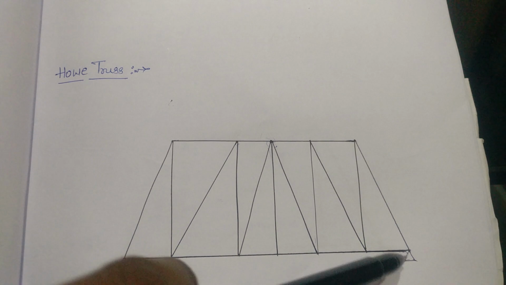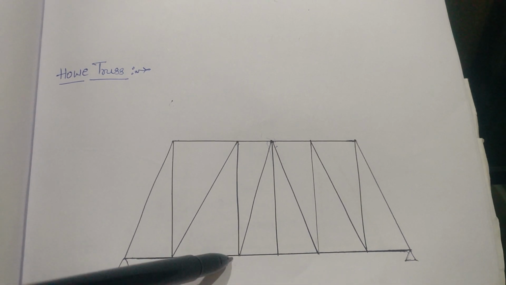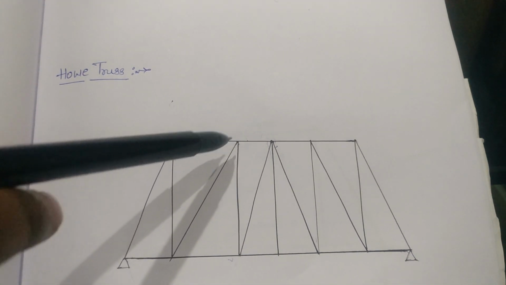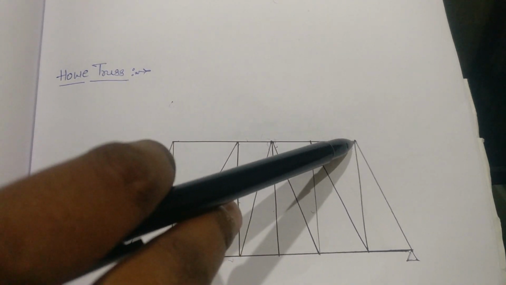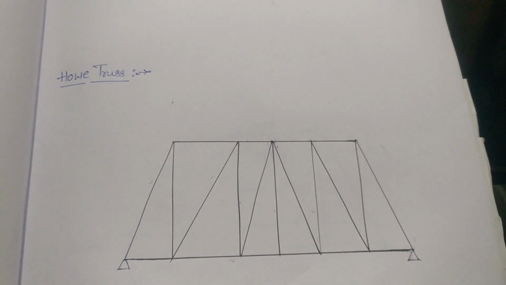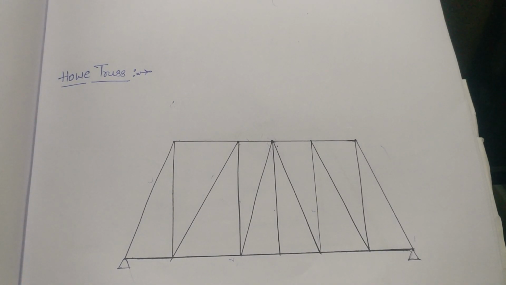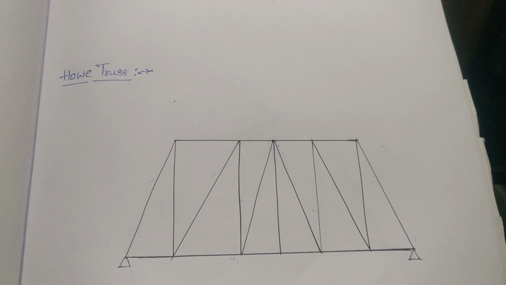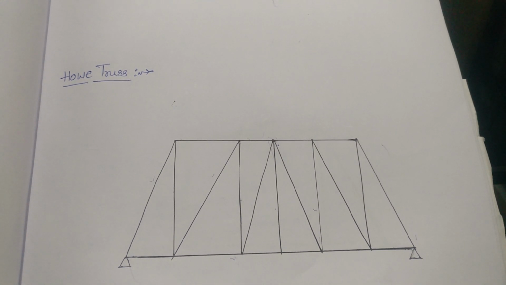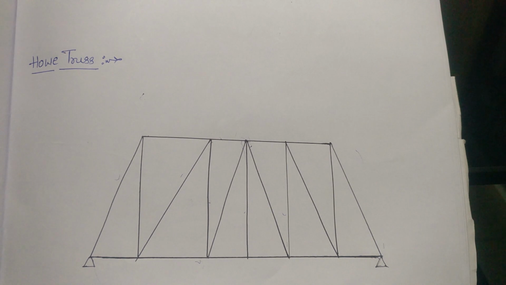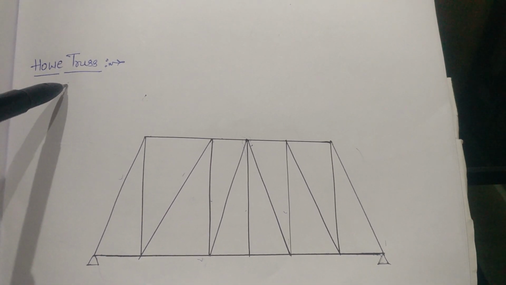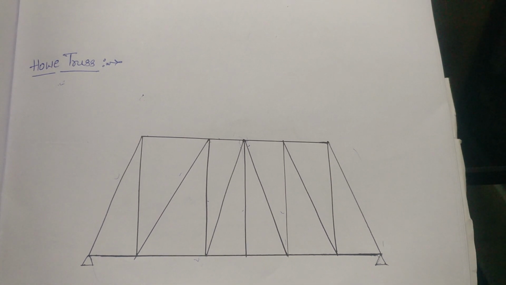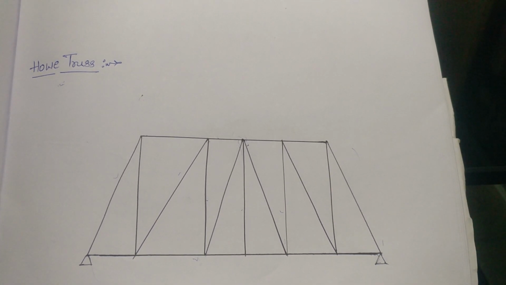From here to here is the span length, this is the lower chord, this is the upper chord, these are the diagonal members, these are the vertical members, and from here to here is the rise of the Howe truss. This is useful for a wide range of project types and is suitable for a span of 6 to 30 meters. Now let us see some live structures of Howe truss.